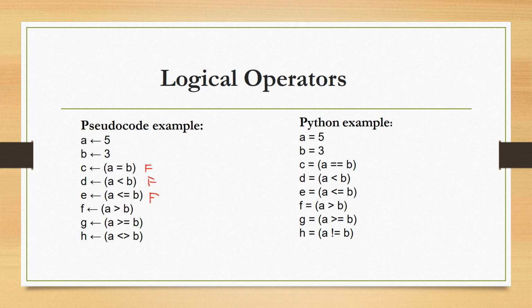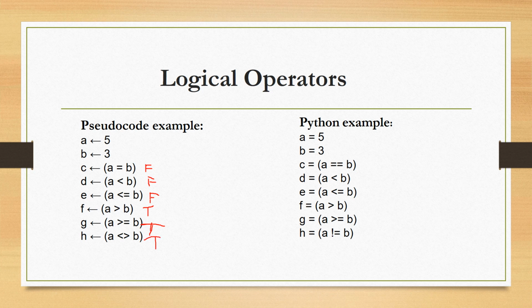A is greater than B, yes, it's greater. A is greater than or equals to B, yeah, it's greater than. It's not equals to, but it's greater than, right? A is not equals to B, true.